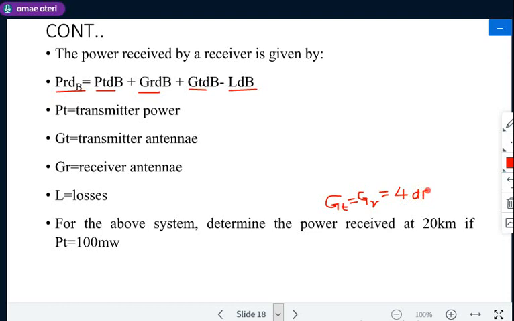So please calculate for me the received signal based on this formula. I've given you all the parameters: the gain for the transmitter, the gain for the receiver. The distance is 20 kilometers, the transmitted power is 100 milliwatts.